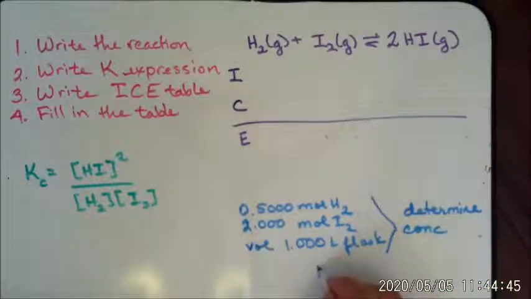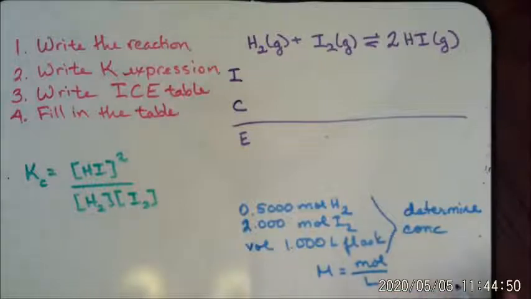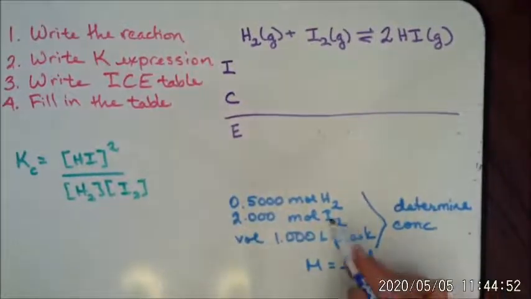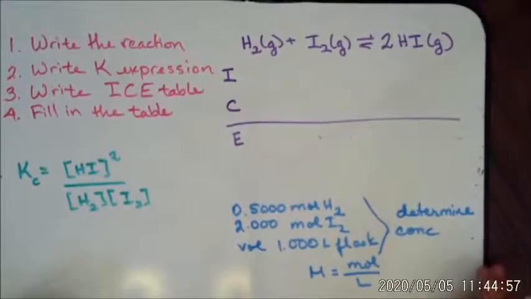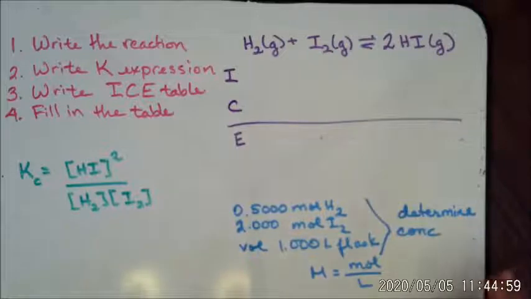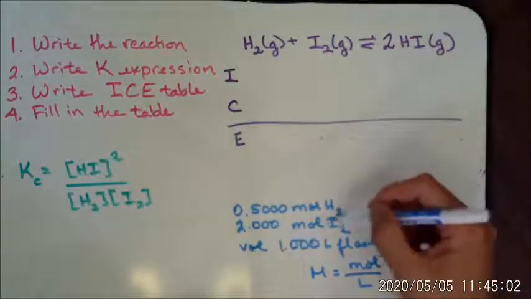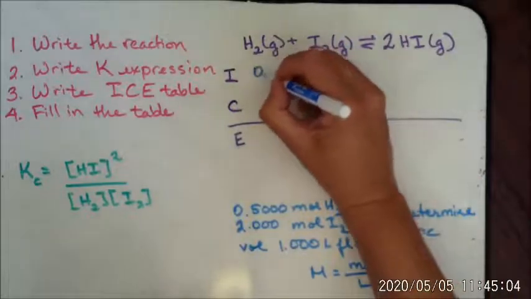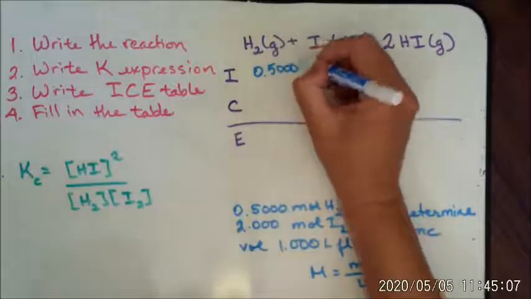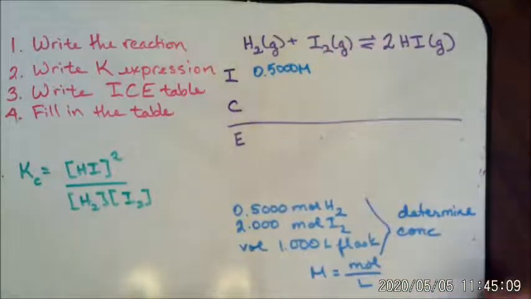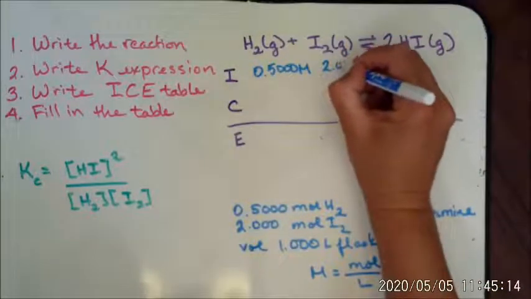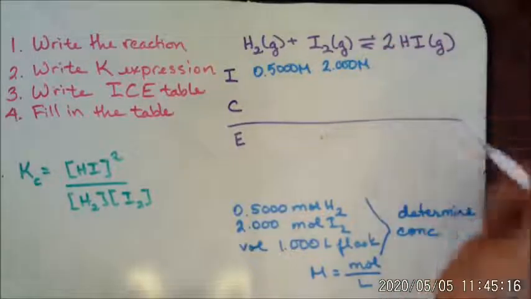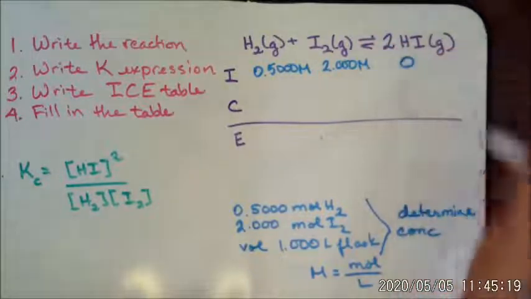And we know that molarity is equal to moles of solute over liters of solution. In this case, it's moles of solute over the 1 liter flask, the volume, because the gas is going to take the whole volume. So it turns out that this is still 0.500 molar. This is still 2.00 molar, and we have no HI.